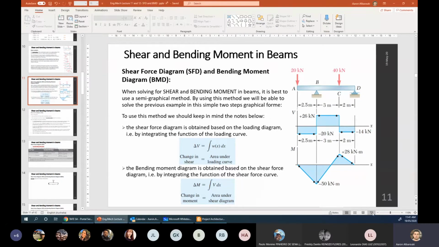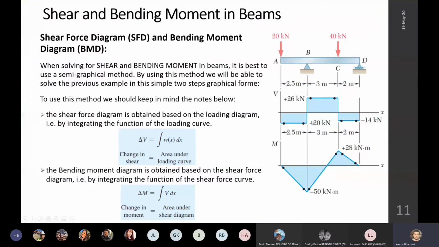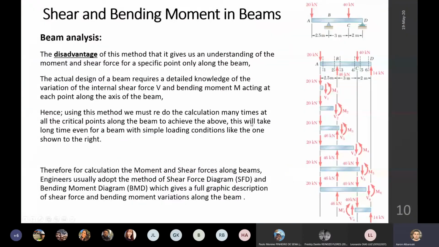So in terms of what we learned so far, one way to do the shear force diagrams and bending moment diagrams is to take sections at every single point almost, or the critical points of a beam. Just to go back, we are learning how to analyze a beam.